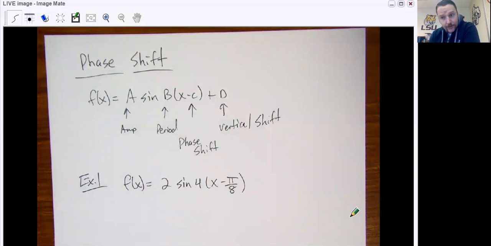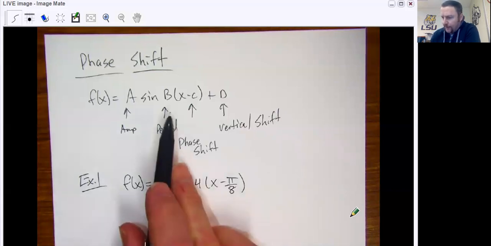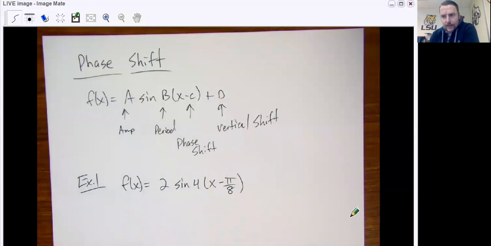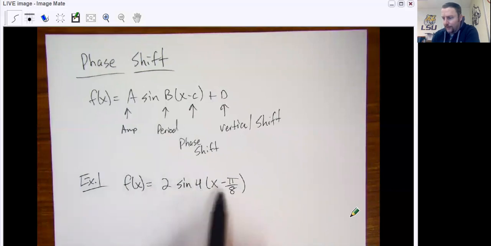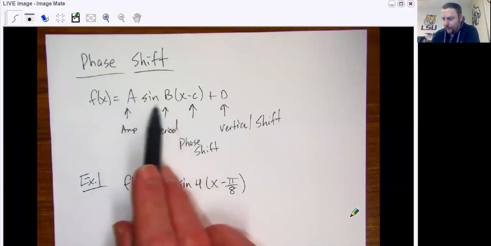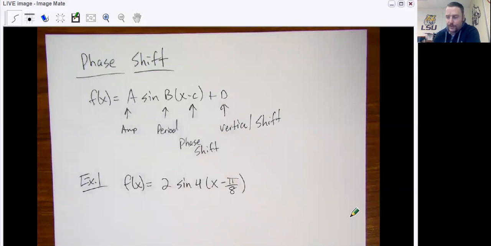When you see parentheses, you know that you're going to have phase shifts. Now, I've made life a little bit easier on you. In pre-cal, they don't necessarily have the B factored out all the time. So I'm protecting you for now, and that's all right. But in pre-cal, you're going to have to factor out the B. You have to put it in this format first before you can really know what the phase shift is. But I'm already going to factor it out for you.